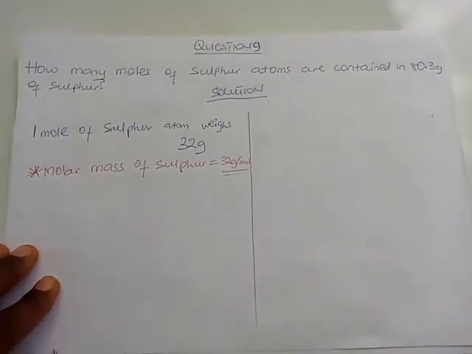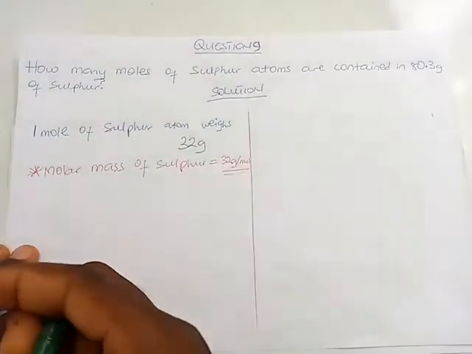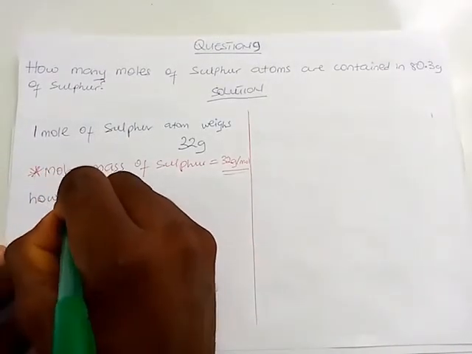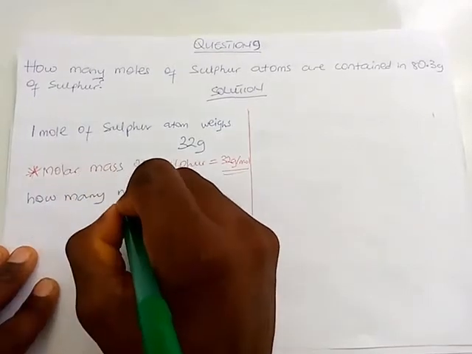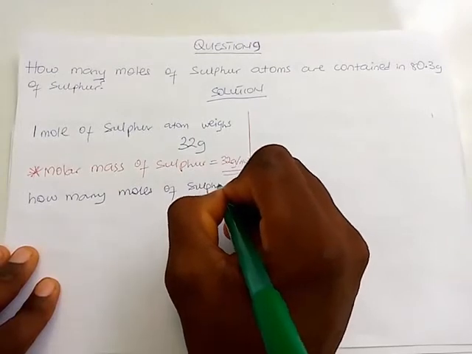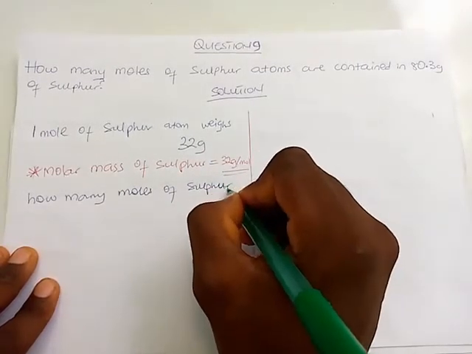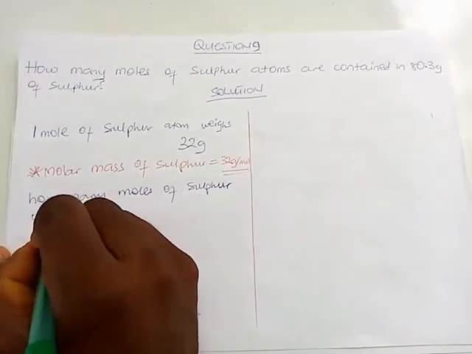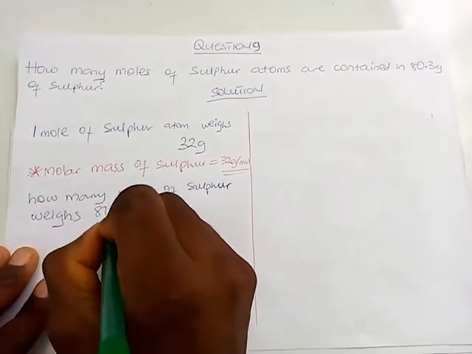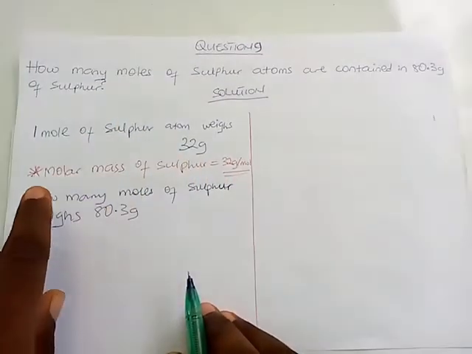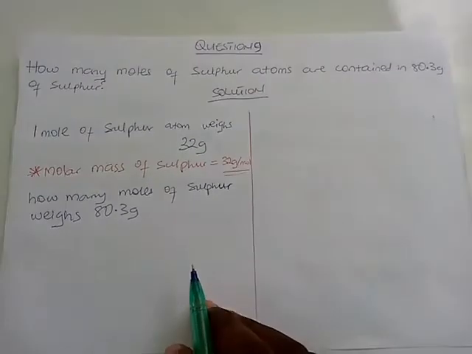Okay. Now the question is then, how many moles of sulfur weighs 80.3 grams? So if 1 mole weighs 32, how many moles will weigh 80.3?